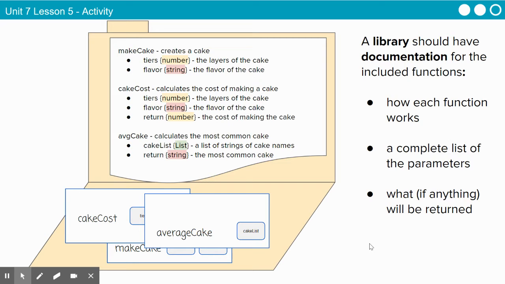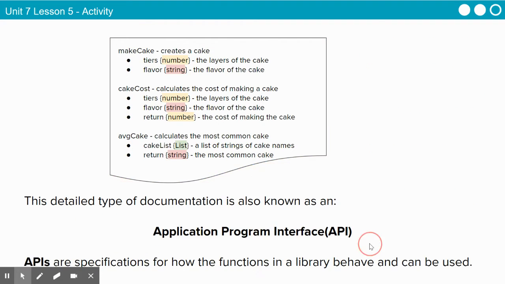So you can see on the screen here that make cake, that function creates a cake. And it has two different parameters, the tiers, which was the layers, and then the flavor, and that was a string. So all of this together is called a library.